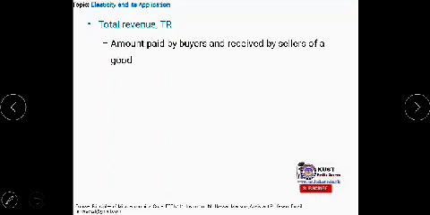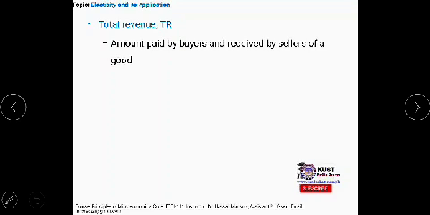And whenever this exchange takes place, there is a flow of money, normally from the buyers towards the sellers, which is also a sort of circular flow of the national income.